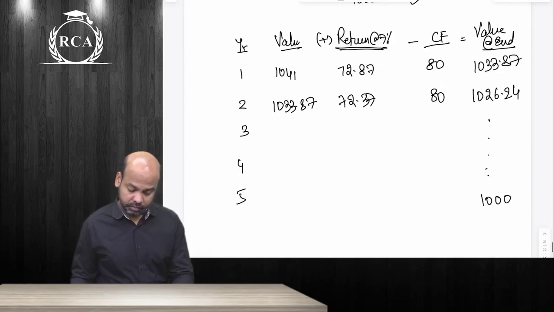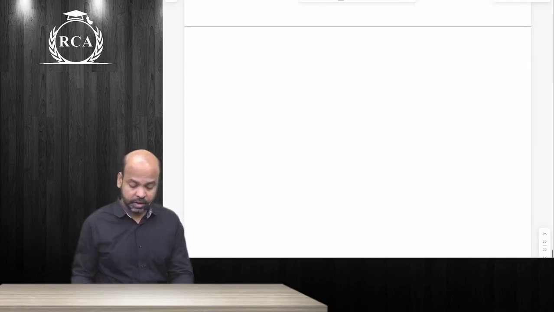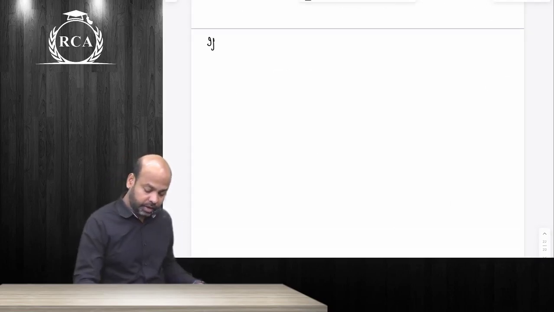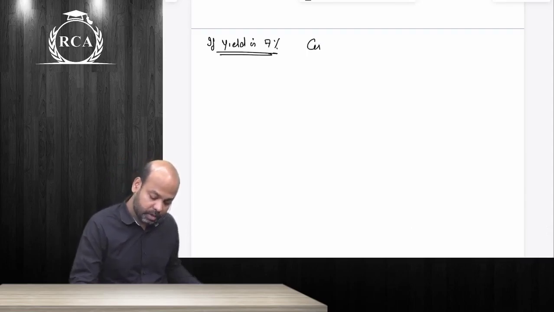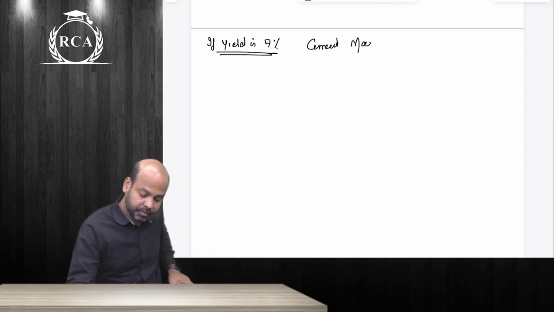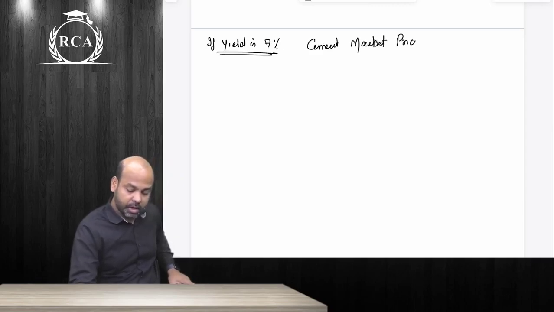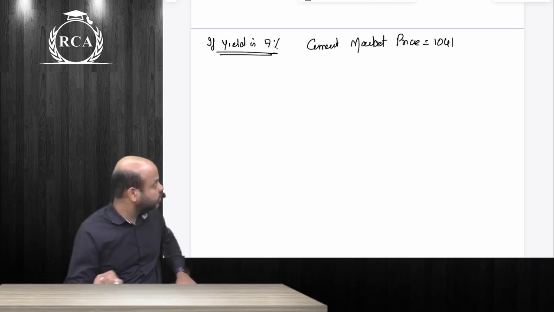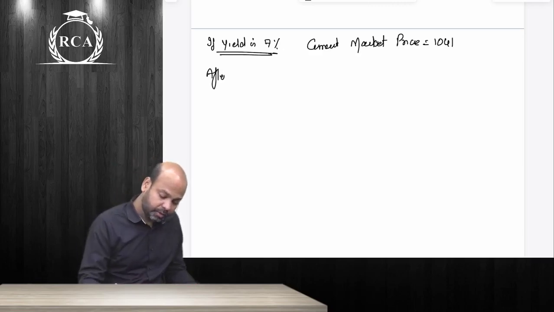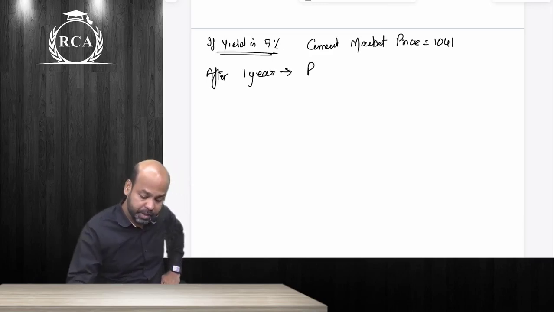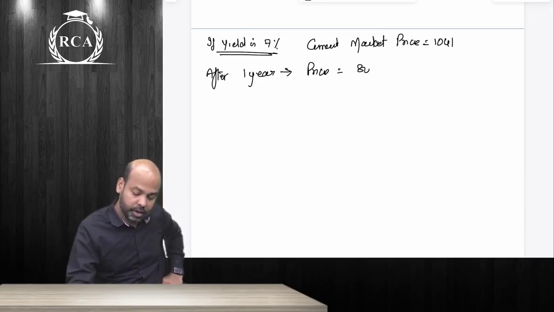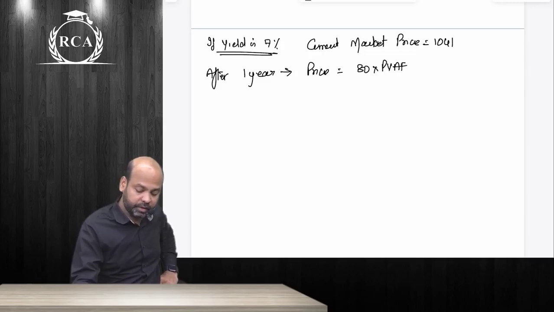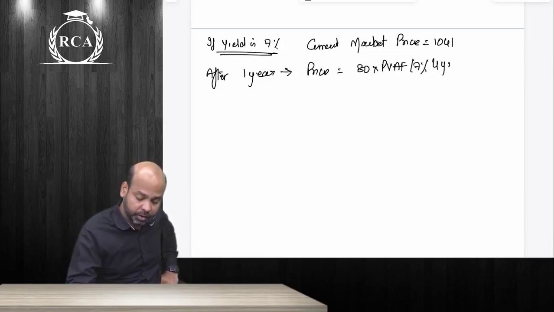Example. If yield is 7%, current market price कितना था बेटा? Current market price was 1041. After 1 year, price will be equal to, you're going to discount cash flows for 4 years. 80 rupees into PVAF at 7% beta for how many years? 4 years.